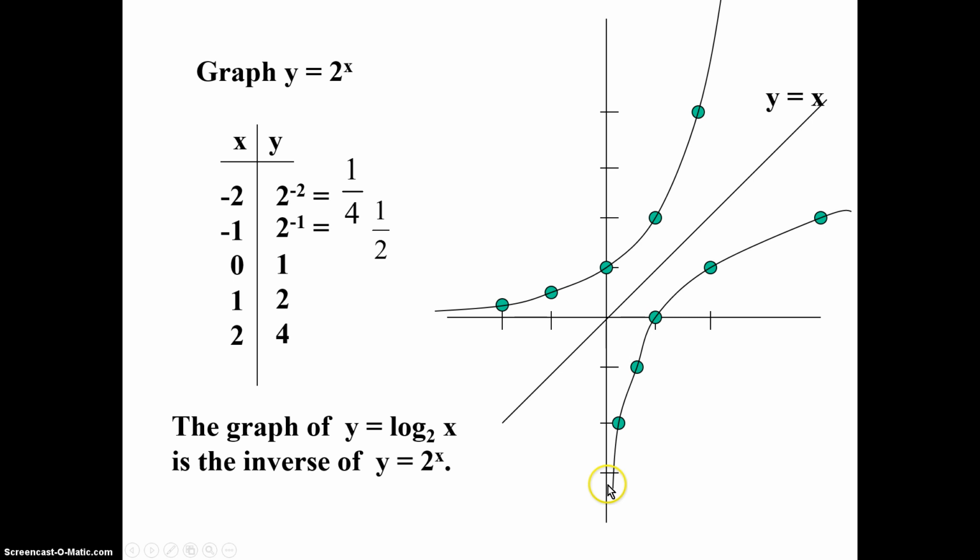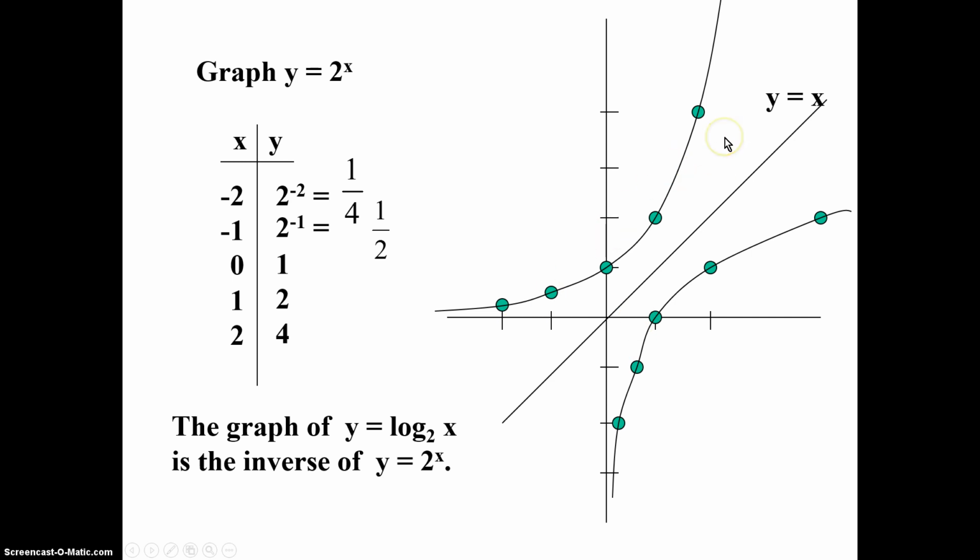Again, remember that a log function always goes through the 1 because the log of 1 is 0, and it's going to extend downwards close to 0, or in other words, close to touching the y-axis, but it never actually touches it. Now, this is the one thing that I want you to remember. A function that is reflected about the line y equals x, and has symmetry about that line, is the inverse.